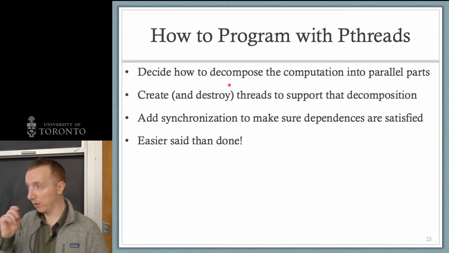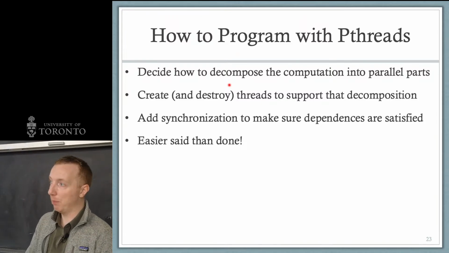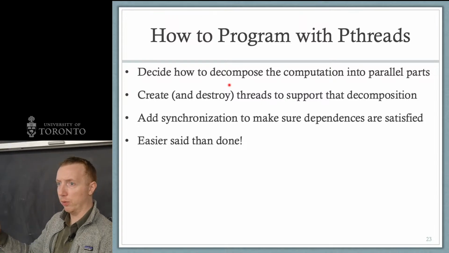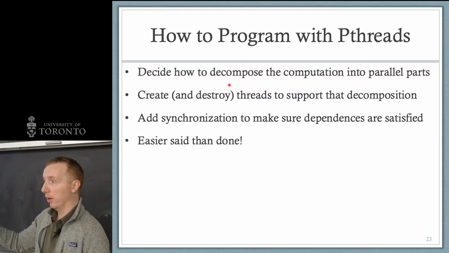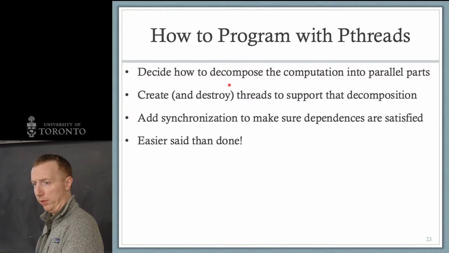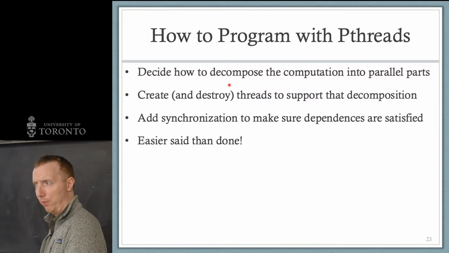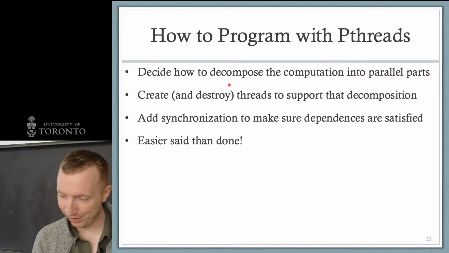I also might require some synchronization if there are any happens-before relations, like I need a whole set of operations to finish before another set of operations. So this is something you'll get some practice in this course, hopefully. If not, I'll add some more stuff.